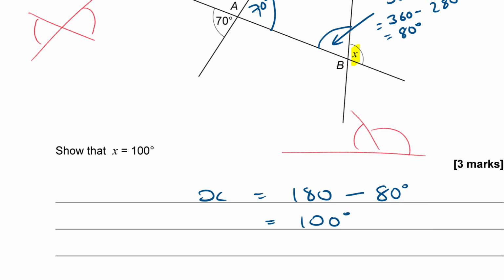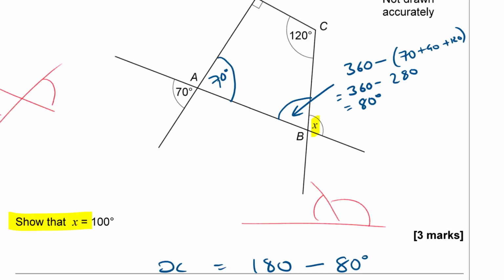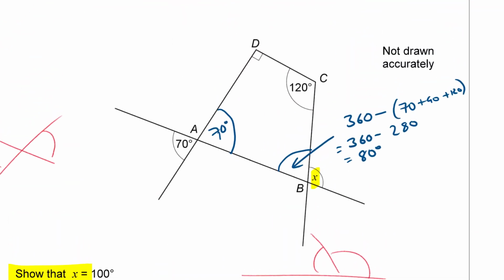Now this is a show that question, which means that you need to show a clear argument about why that is the case. But your argument doesn't have to be like an essay. It doesn't have to be you writing lots of facts down. Looking at the diagram and working on the diagram is perfectly acceptable. So I've worked out that 70 is equal to 70, I've shown it on the diagram.